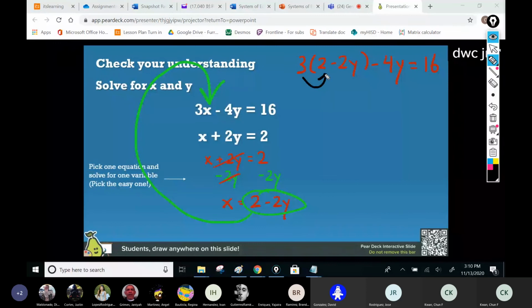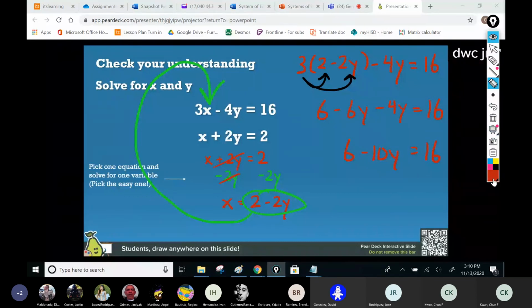All right, now I'm going to distribute the 3. So 3 times 2 is 6, and 3 times negative 2y is negative 6y. And then right here, you've got like terms, so you will combine them. So 6 minus 10y equals 16.